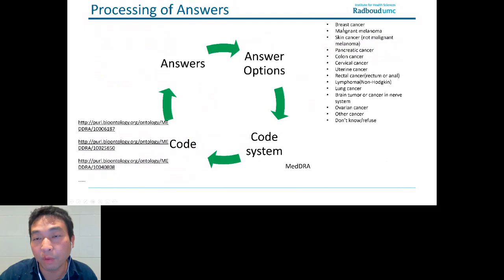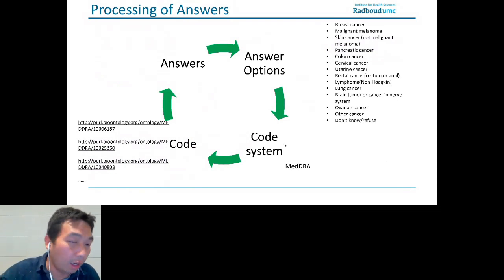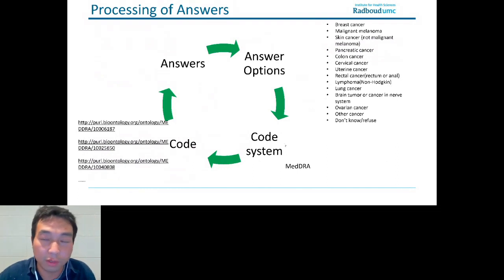For example, here we provide a list of cancer types. And for each type of these cancers, we also identify a code system, and then for each type of cancer, we find an existing match for these answers.